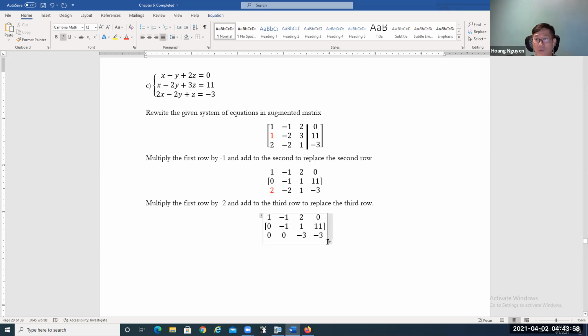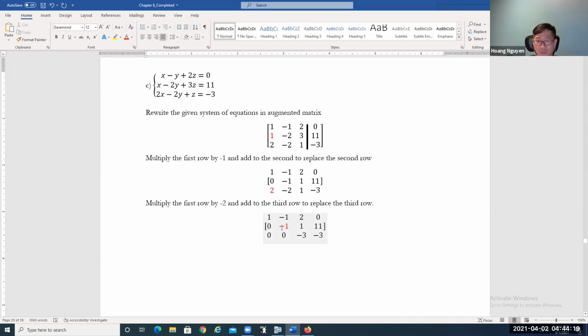Okay, let's double check what we need to do next. We double check the first element on the main diagonal equals 1, and anything below that is 0. So that's good. Now we're going to move on to the second element on the main diagonal. I want to make this number equal +1, not a -1.